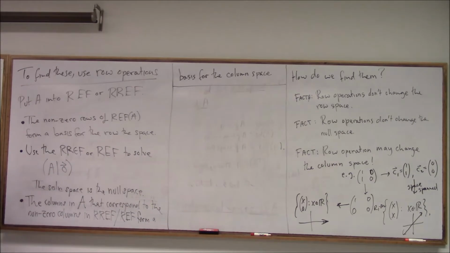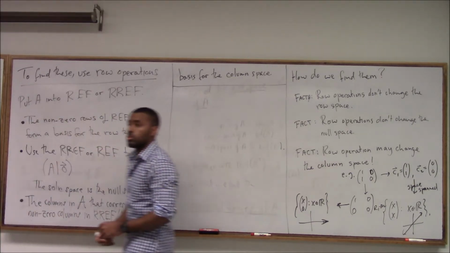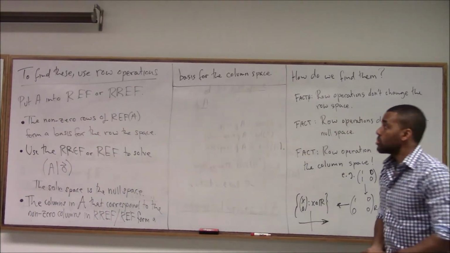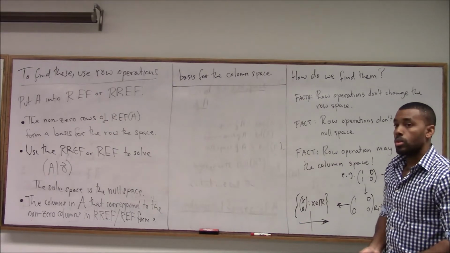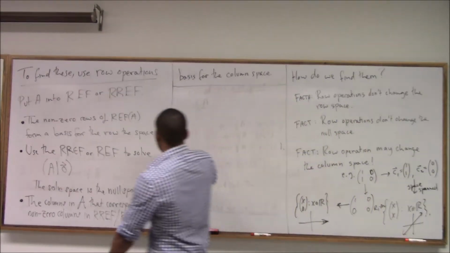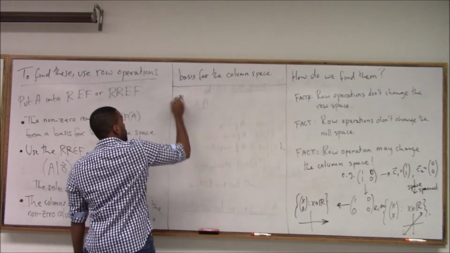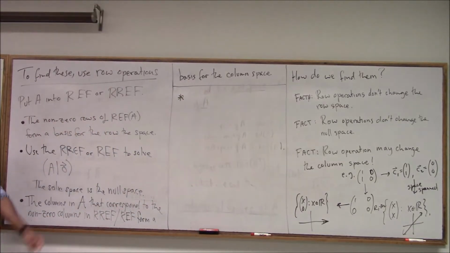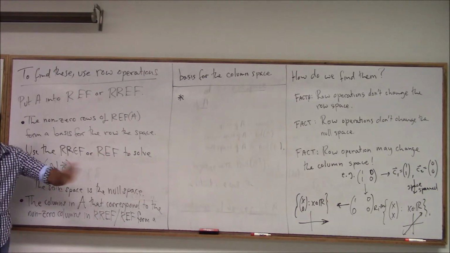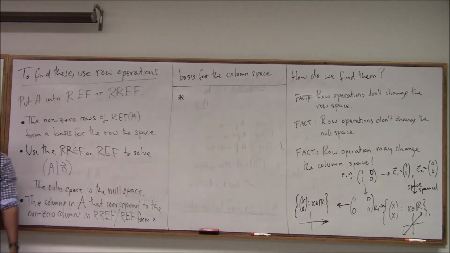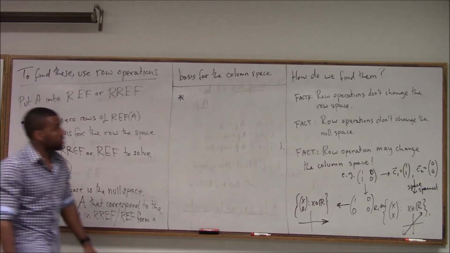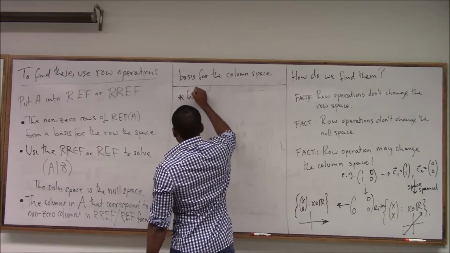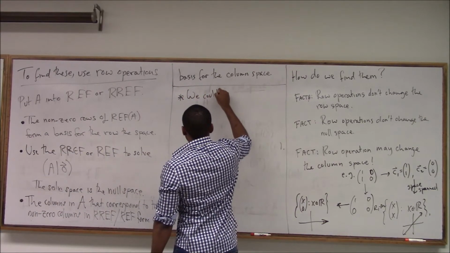So being able to, yeah? Couldn't you take the transpose matrix and treat it like you would like finding your row space? You could do that. If all you were interested in was the column space, you could transpose it and do row operations. That's also true.